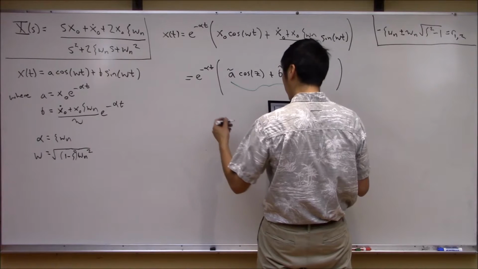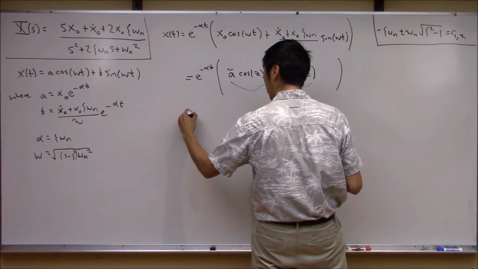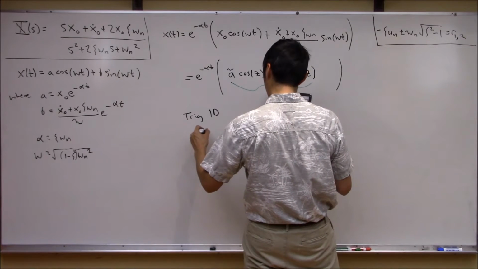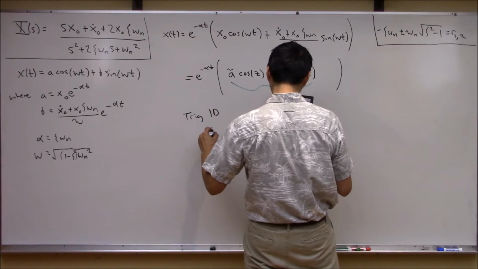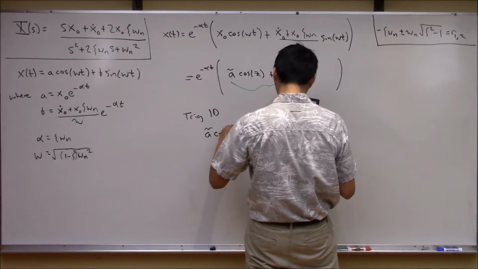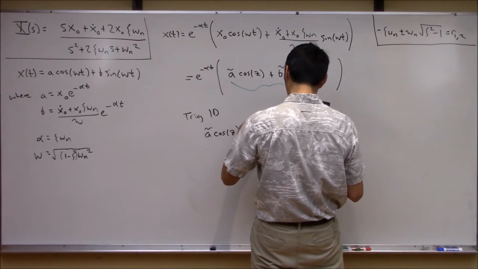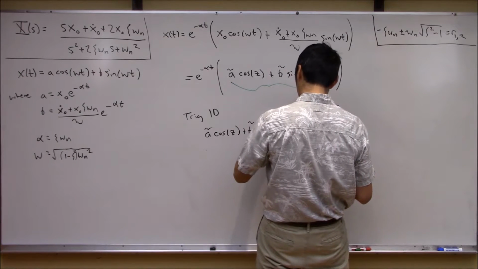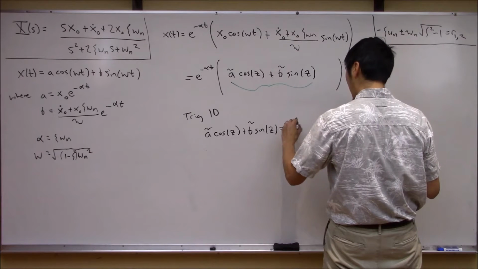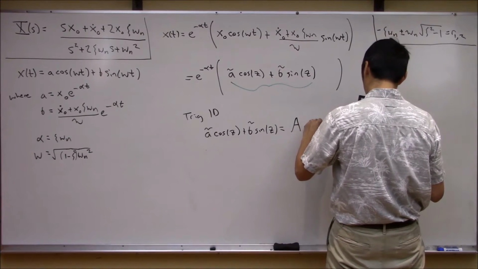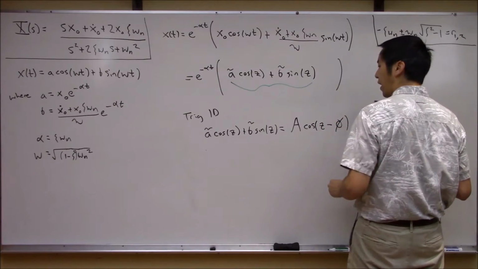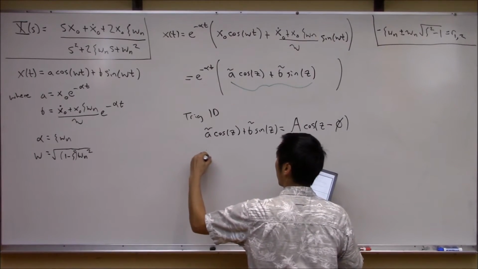Applying the identity, a tilde cosine of z plus b tilde sine of z is a single cosine wave of magnitude capital A, cosine of z minus a phase shift, phi.